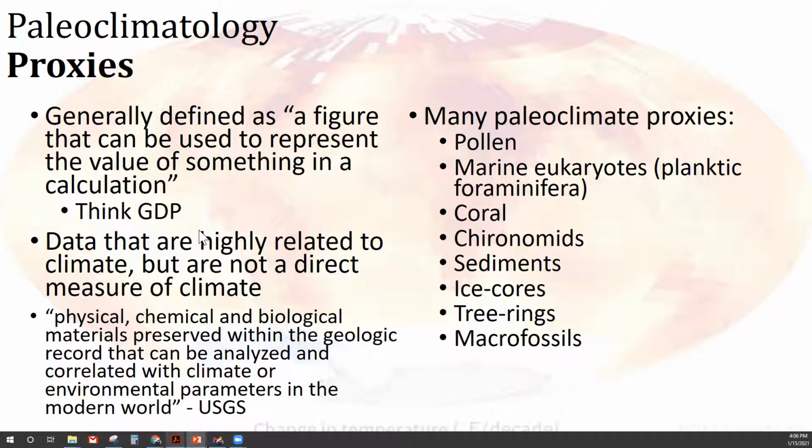Basically, proxies are a way of inferring measurements of climate from the past when we didn't have weather stations or thermometers or even, sometimes, humans to go out and measure these things. It's a way of inferring past climates from things that are preserved, either in the geologic record or in other ways.